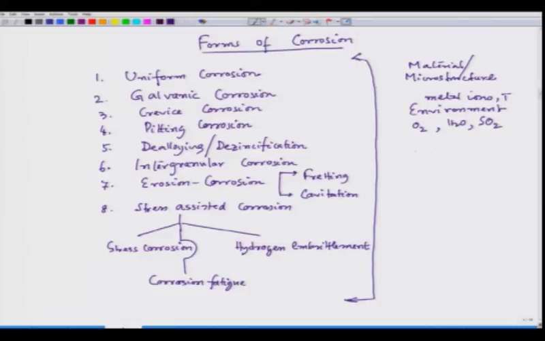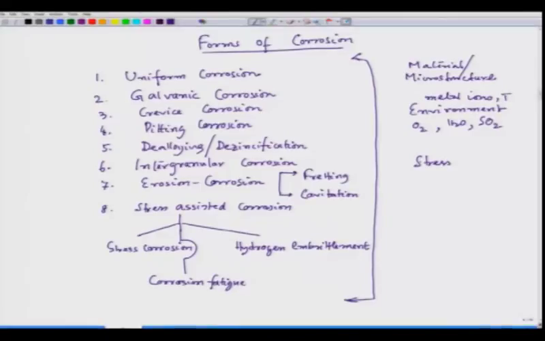Then we have of course stress. Stress is important when we talk about stress assisted corrosion. One particular example we have put forth is the crumbling of silver bronze, where people said the reason behind the crumbling was stress corrosion and corrosion fatigue.